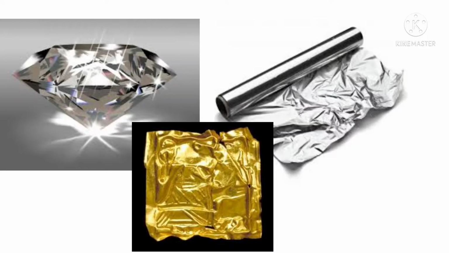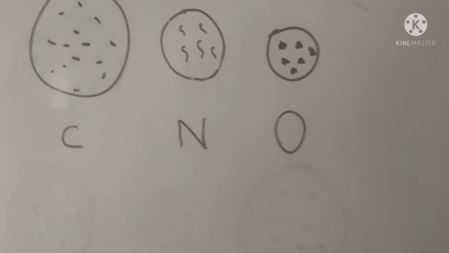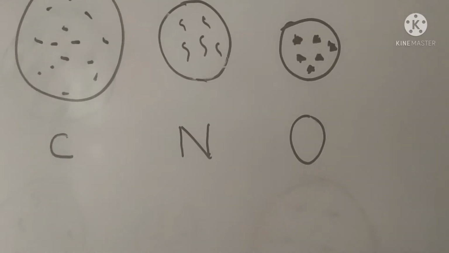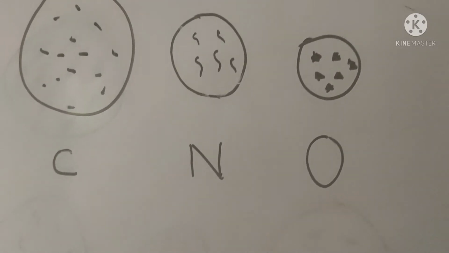In all of these, every single atom of an element, such as gold, aluminium, and carbon, is the same as every other atom of that element, including mass, size, properties, etc. And the atoms of different elements differ in their mass, size, and properties.